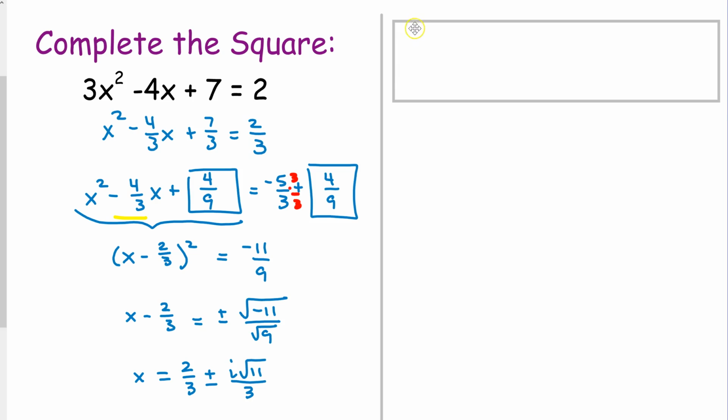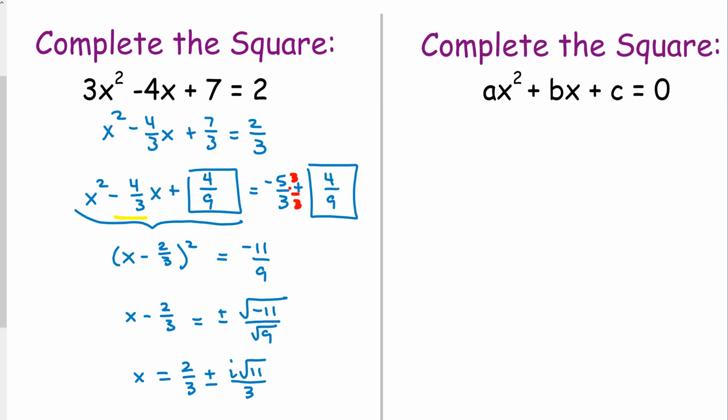Now what you're going to see is I'm going to go through that entire process on this equation, ax squared plus bx plus c. Whatever I did with the first equation, I'm going to do with this one. In the first one, I divided both sides by 3. Here I'm going to divide both sides by a.